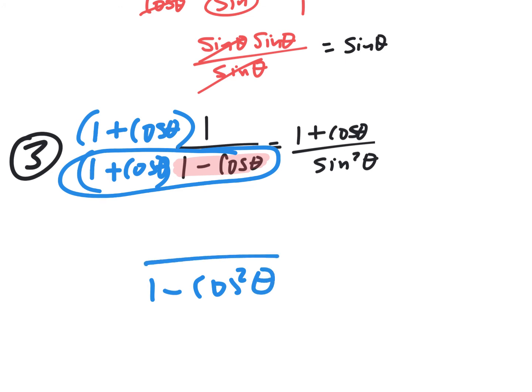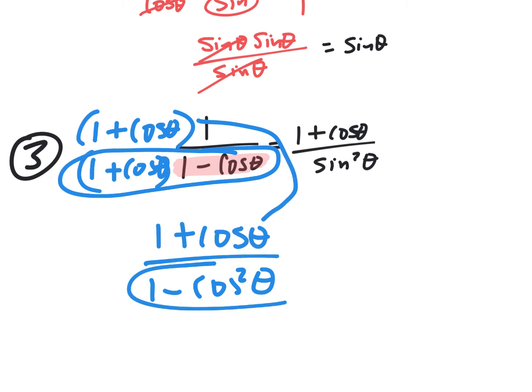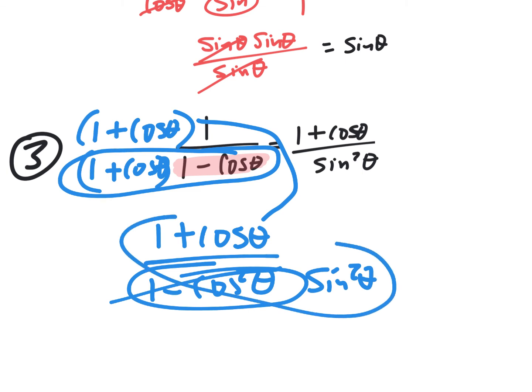That's right off of the sheet. 1 minus cosine squared is actually equal to what? Sine squared. The top here is 1 plus cosine, and the bottom is just sine squared. And now I've got the exact same thing I was trying to prove. It's right there. It's a little messy, but any questions?